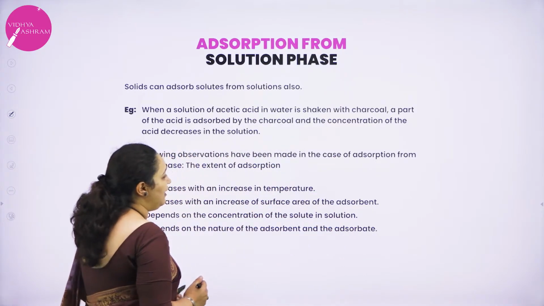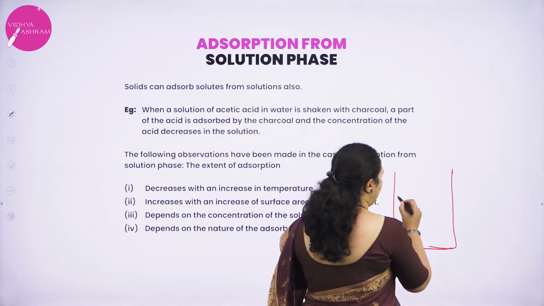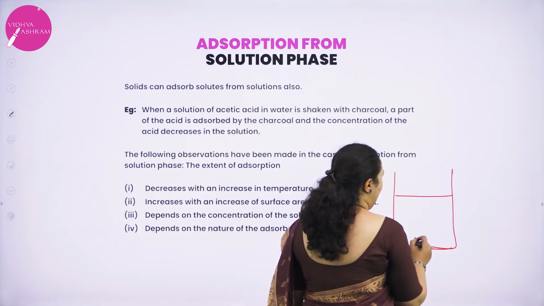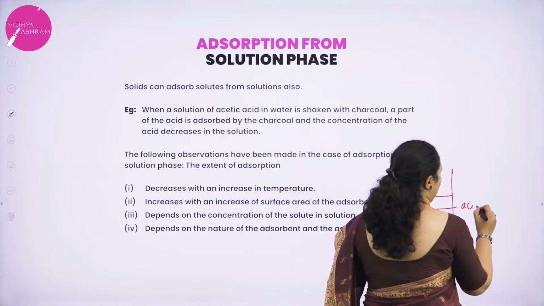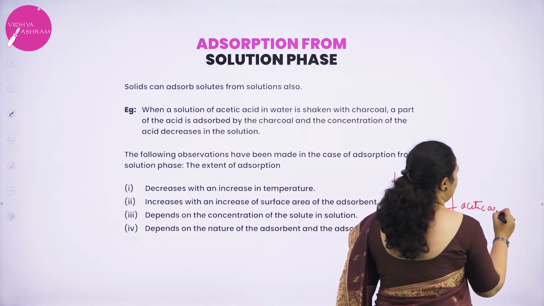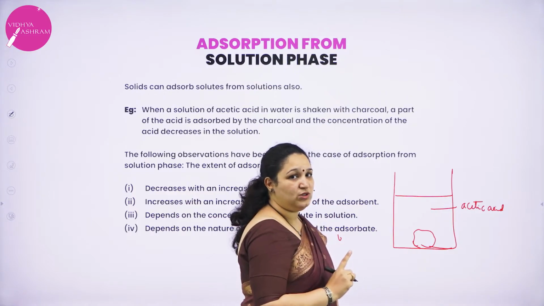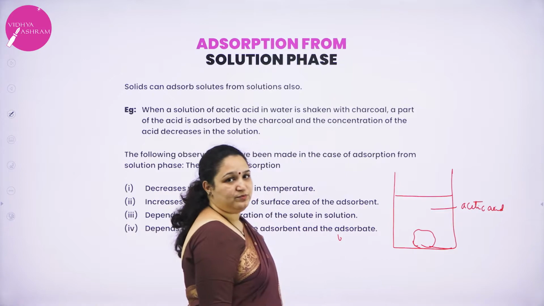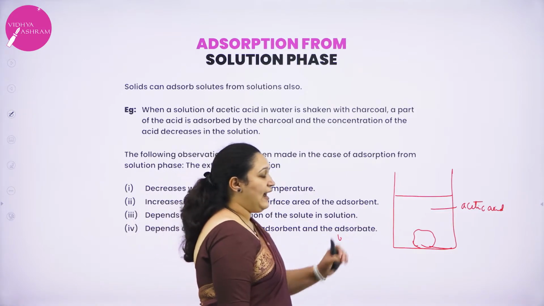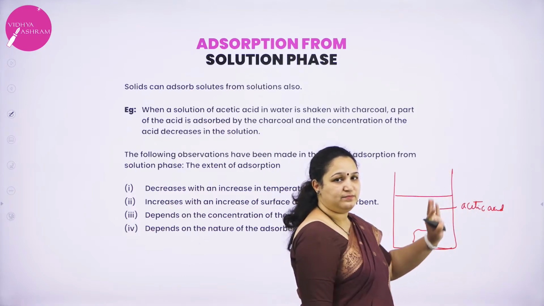Now for example, we have taken acetic acid. I have taken acetic acid solution and I have added activated charcoal. Acetic acid is mixed with water, so I am calling it acetic acid solution, and I have taken activated charcoal. Initially, before adding activated charcoal, the concentration of acetic acid was high.